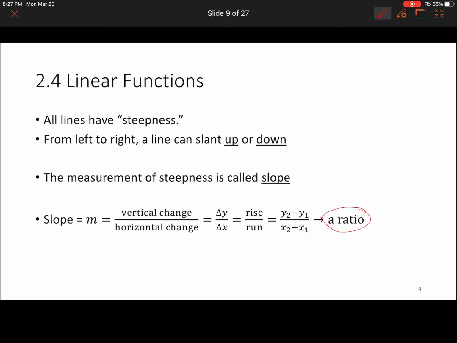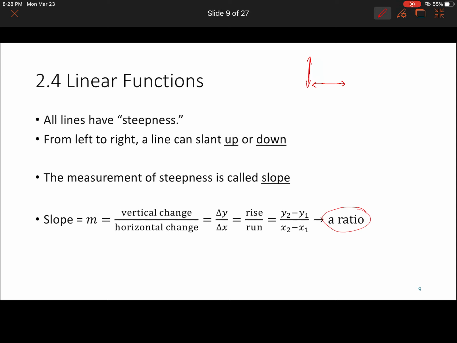Now, from a line standpoint, the two things that we are comparing are vertical change up and down compared to horizontal change right and left. And so when we talk about the steepness of a line, we describe it by comparing how much it changes vertically compared to how much it changes horizontally.